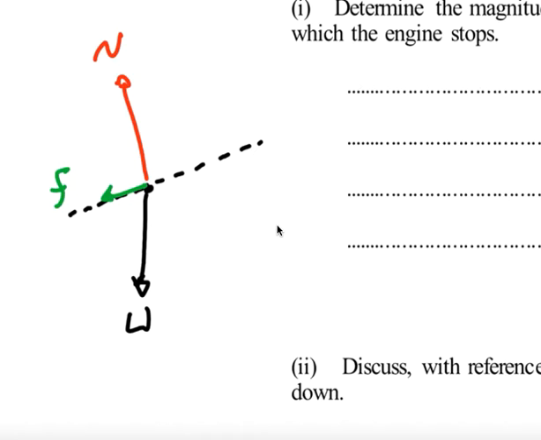But the weight is not quite in line in the same Cartesian plane as the normal force and the force of friction. So I'm going to break the weight up, not into a horizontal and vertical component, but into a perpendicular and parallel component.